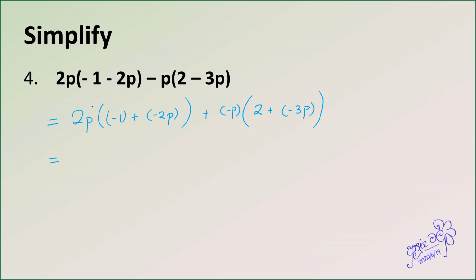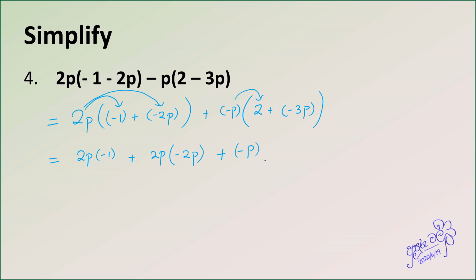Now let's start distributing the 2p. Should distribute the 2p times 2 minus 1. 2p times minus 1. And then get 2p times minus 2p. So that's about the first multiplication. And now we are going to the second, a plus sign.